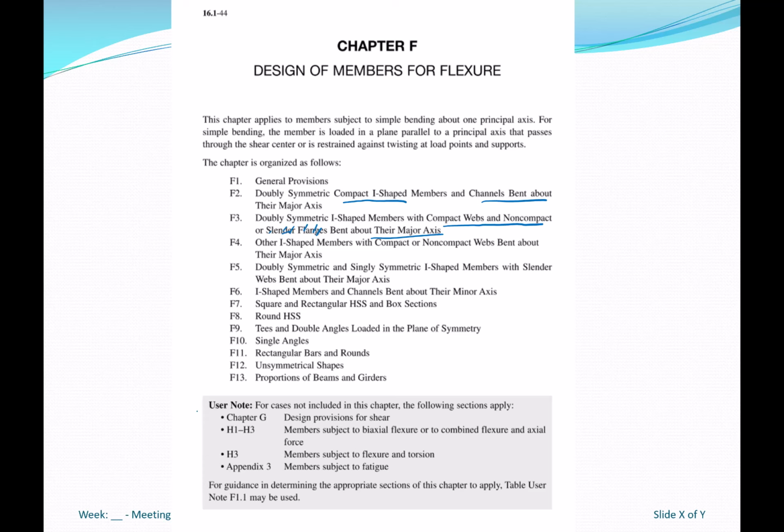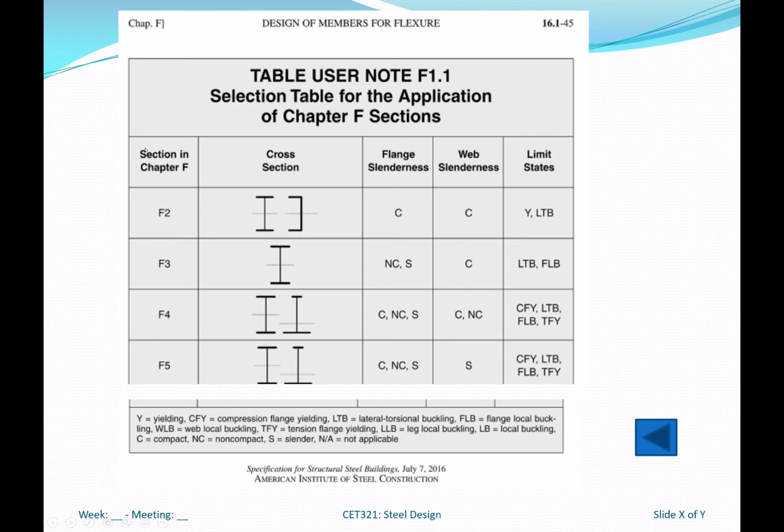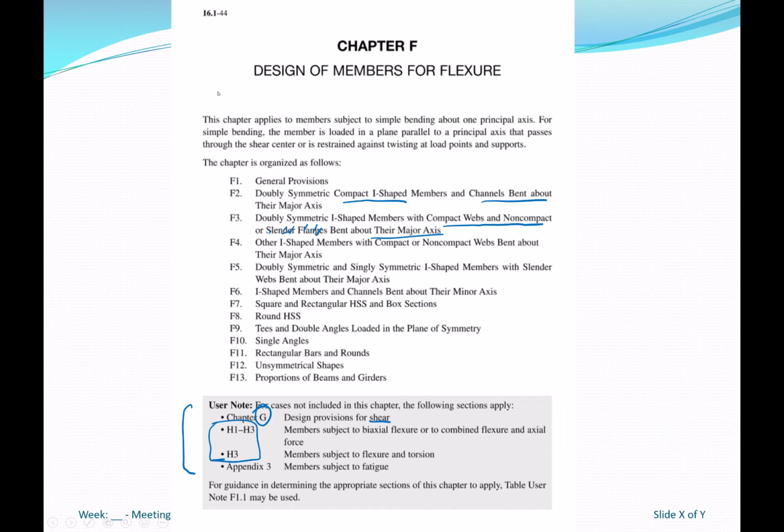Okay, again, notice the references down here. There's chapter G, which is the reference for shear. We'll see H when we get into chapter 6, which is combined axial and flexure. Okay, on the page to the right of this page, this is 16.1-44 in your steel manual.